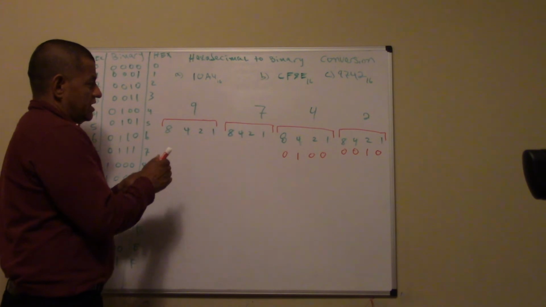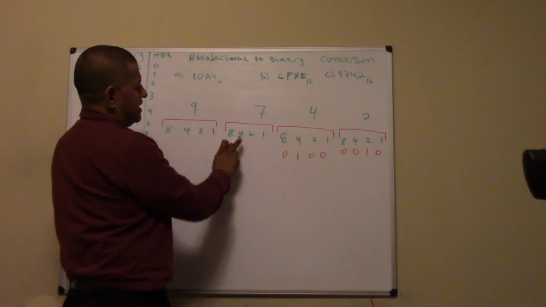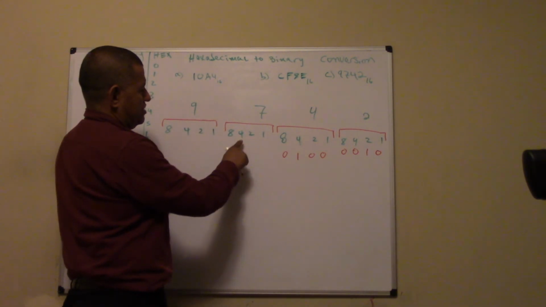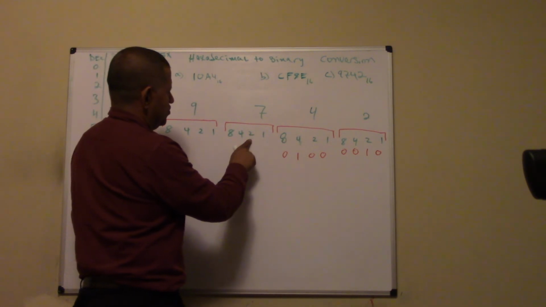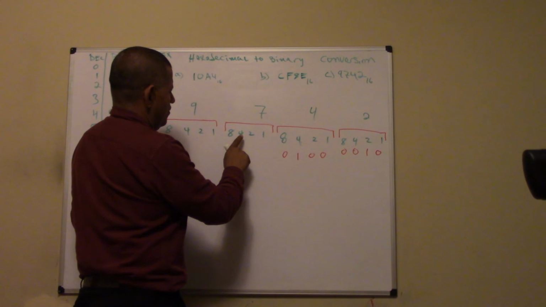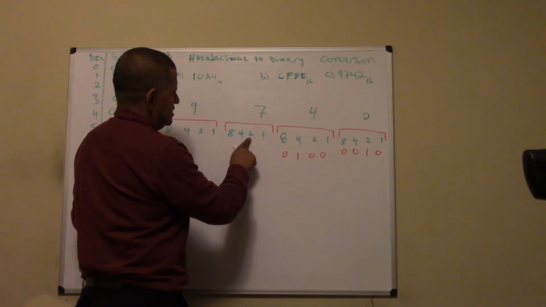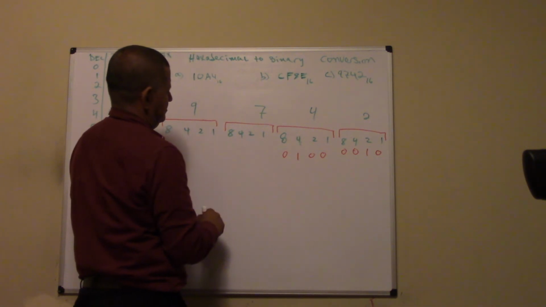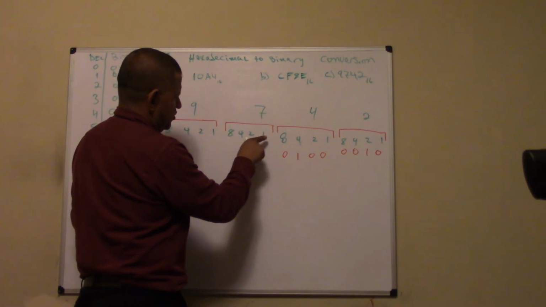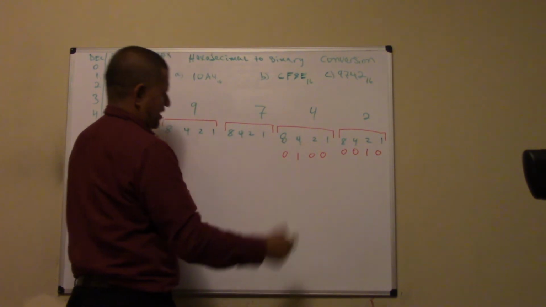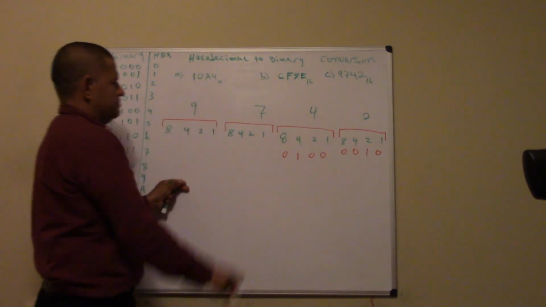So let's do 7. How do I get 7? By turning these 3 bits on. 4 plus 2 is 6, plus 1 is 7. That's how we think in this process.